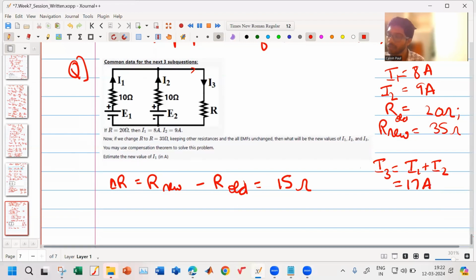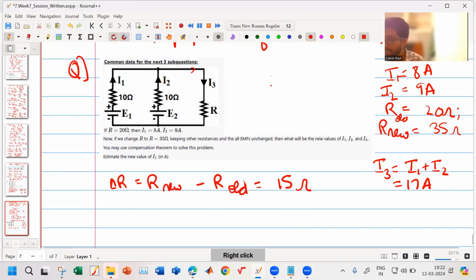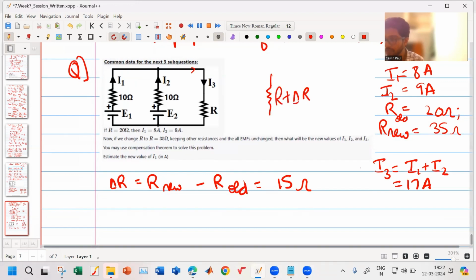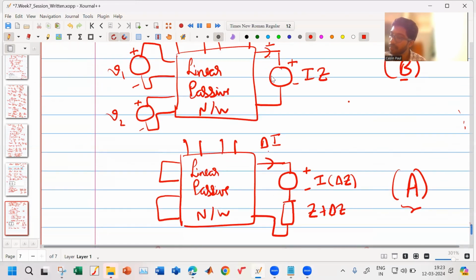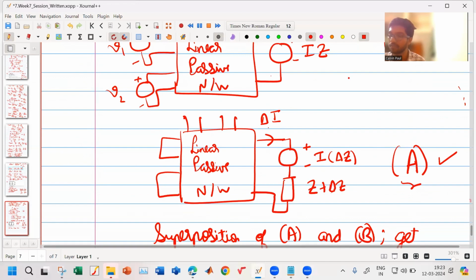Now when I change this R over here, this R has become R plus delta R. When this has become R plus delta R, this will become I3 plus delta I3. So I need to find out what this delta I3 is. Delta R has been given to me. We have found it. So now by compensation theorem, I can use this network.